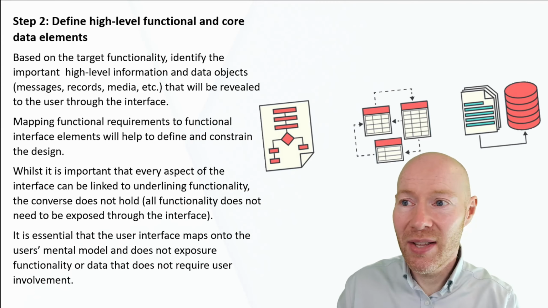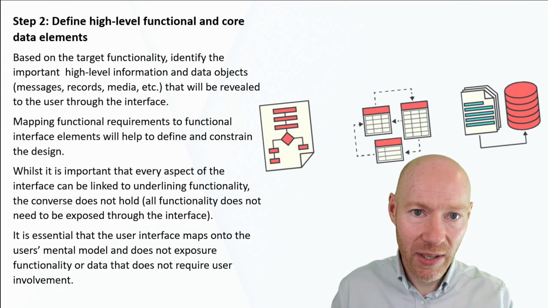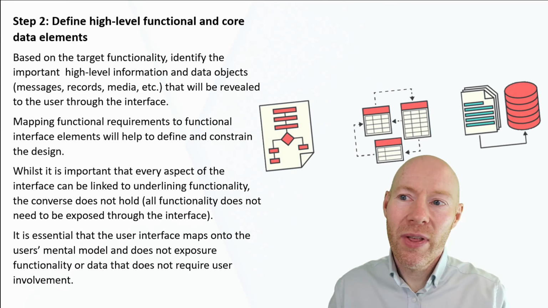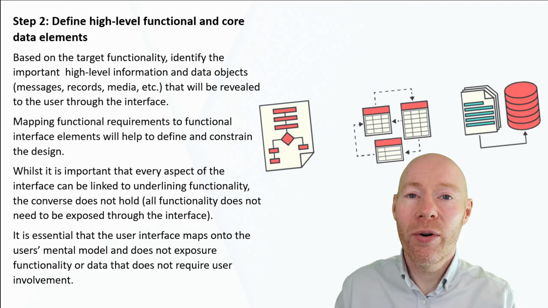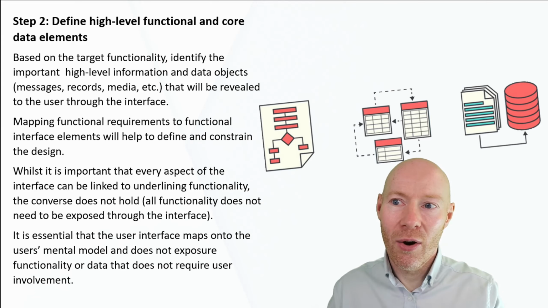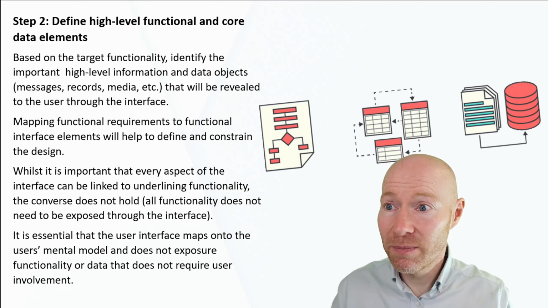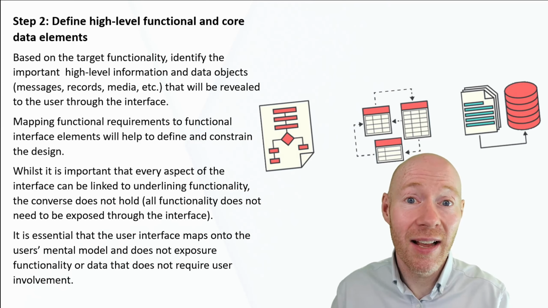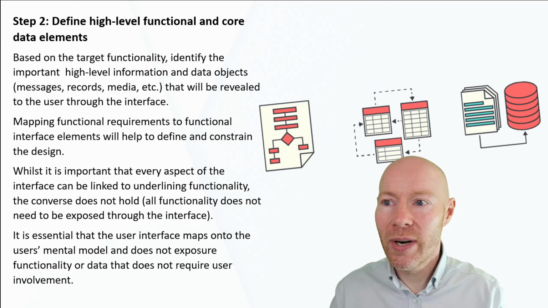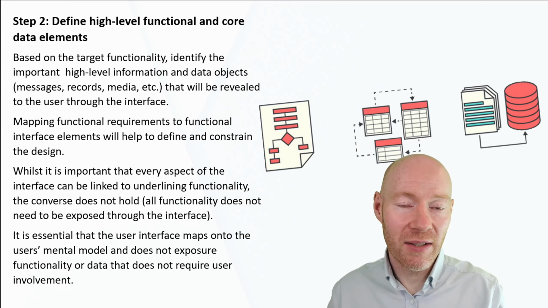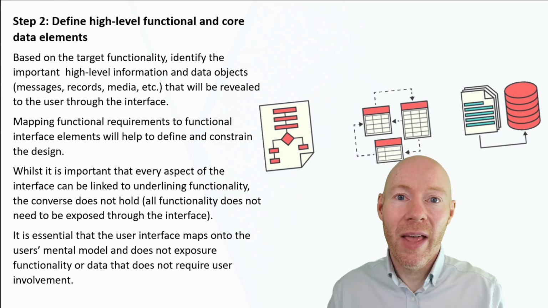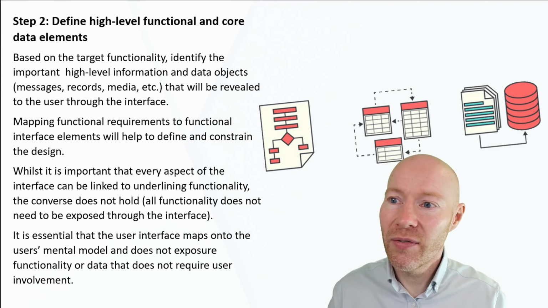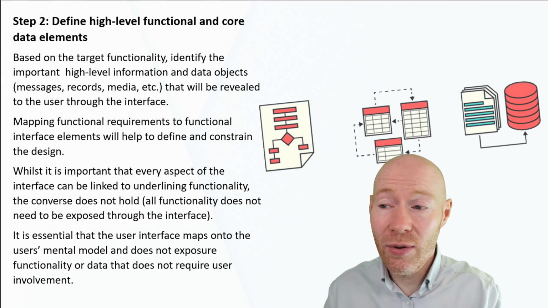But this step says that we know our task and our activity, and for that we want to think about what are the things that are important to the user. What types of data, what types of information would the user expect to be associated with this particular task or activity? If the user is thinking that this particular activity involves a document, then that's something we will want to have represented inside our interface, and that'll be revealed to the user through our interface.